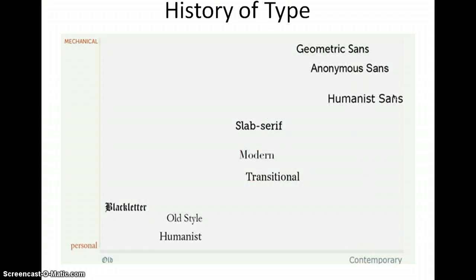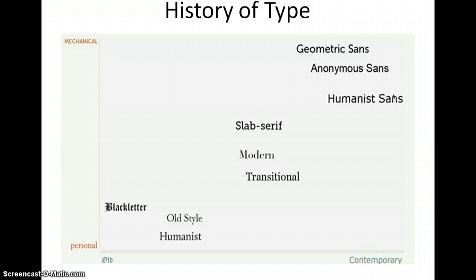Let's move on to the history of type. You can see that we go from the old time to the contemporary or modern time. The black letter is more personal, because, as we said earlier, the letters are hand drawn.